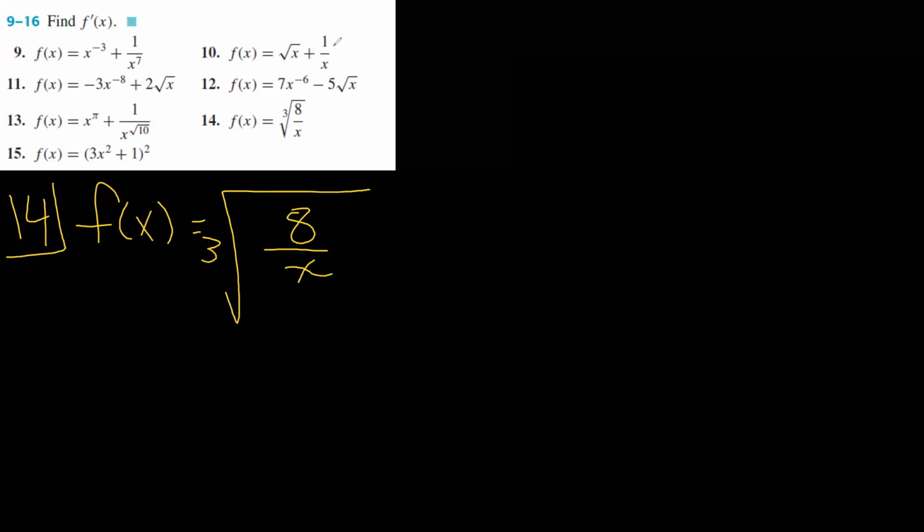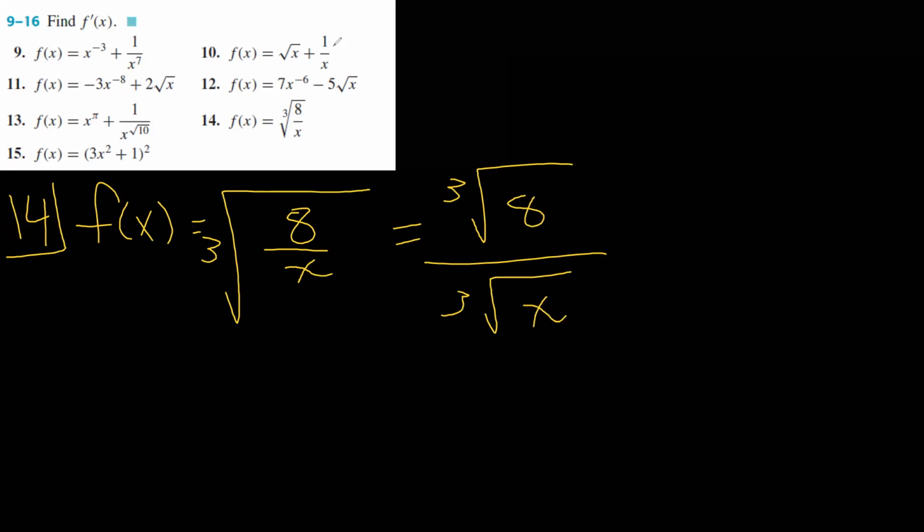It can be written as cubic root of 8 over cubic root of x. Is it right? Yes, teacher. Okay. Now, what is the cubic root of 8? It is 2. And cubic root of x, if I want to write it as an exponent, it will be x raised to the power 1 over 3. Thank you.